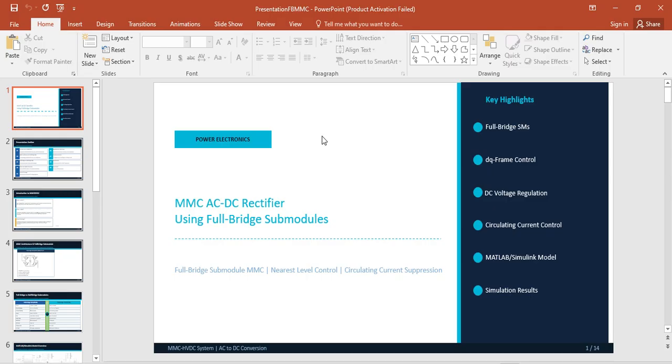Mostly people do work or simulation related to MMC as an inverter. So in today's presentation, I'm going to discuss how you can simulate full bridge based MMC for AC-DC conversion, right? I'm also going to show you how it can be simulated in MATLAB Simulink.